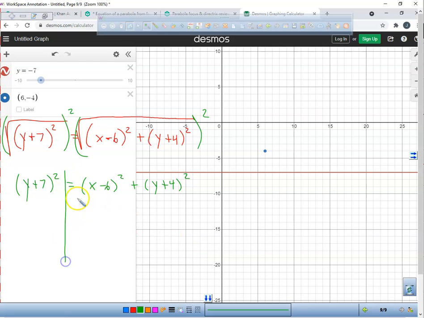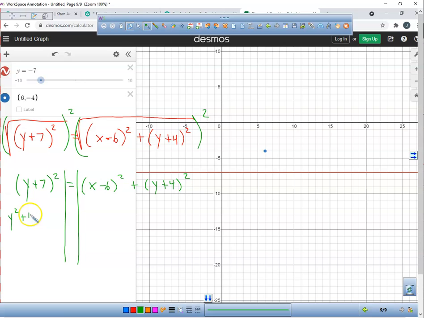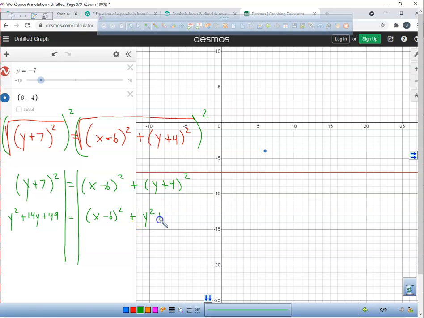Now what are we going to expand? We're going to expand this, which becomes y squared plus 14y plus 49 equals, we're just going to keep this in parentheses. Keep that in parentheses. We're going to expand this. It becomes y squared plus 8y plus 16.